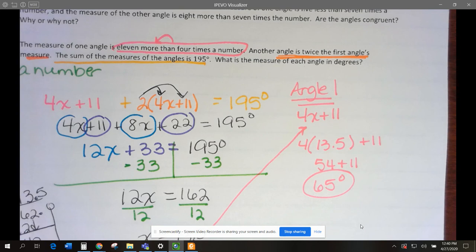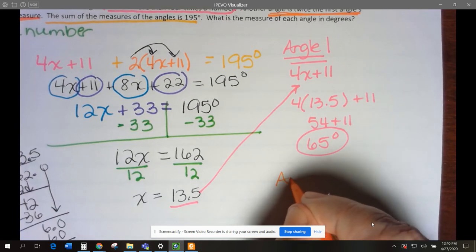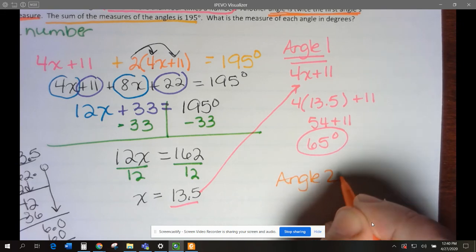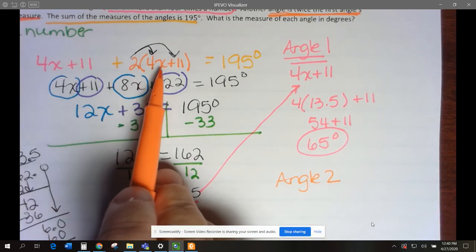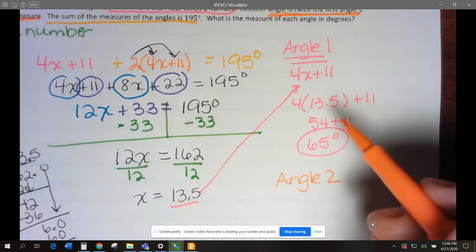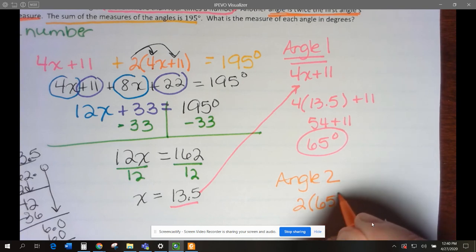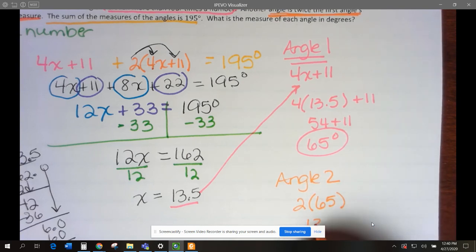Angle 2, remember they told us angle 2 was 2 times that? So we had to do 2 times the 4x plus 11. Well, we know that the 4x plus 11 is 65, so angle 2 is going to be 2 times that 65, which is 130 degrees. So angle 2 is going to be 130 degrees.